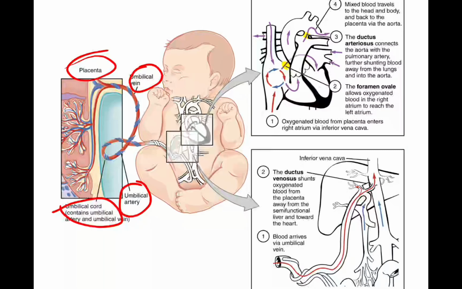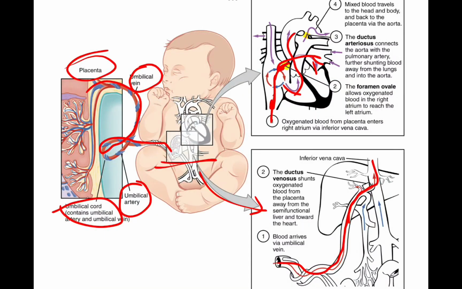On this side we see how blood moves from the placenta, goes in this direction, and if you take a more expanded view, you will see blood coming in here, having access to the inferior vena cava, then to the heart, into the right atrium, moving into the left atrium, and some blood bypassed here, then coming back and meeting to go into systemic circulation. So we're going to look at all this in this video.